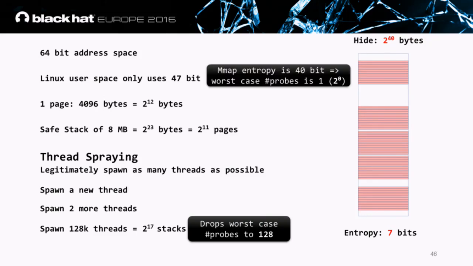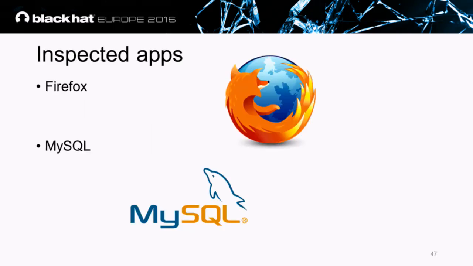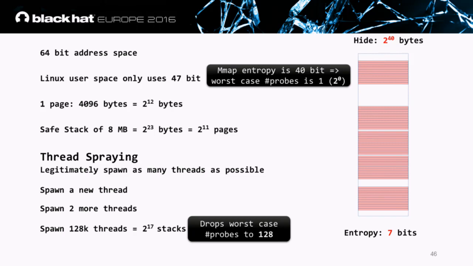The interesting thing is that in Linux, mmap has an entropy of 40 bits, which causes the entropy for the 128,000 threads, the stacks, to become 0 bits. So the idea is to spawn lots of threads to reduce the entropy and increase the hit chance, because we don't have pointers and we want to find the safe stack.